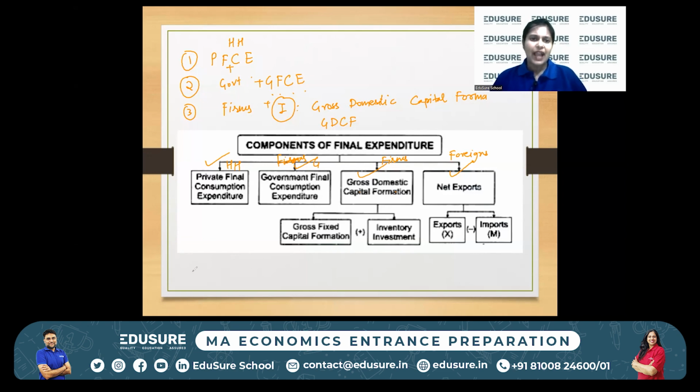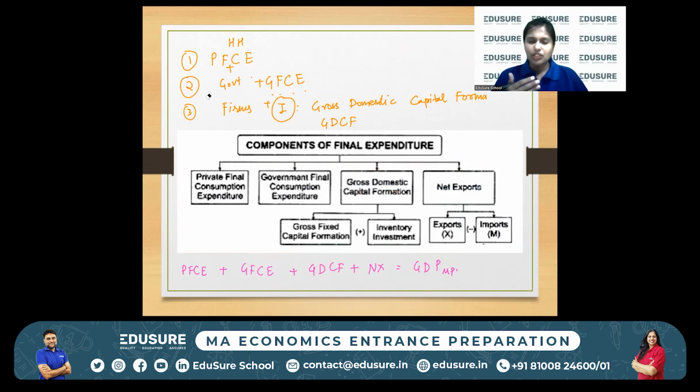It comes to, when we add private final consumption expenditure plus government final consumption expenditure plus gross domestic capital formation plus net exports, when we add these, we get GDP at MP, right? So we add all of these, and what we get is GDP at MP. All right. So these are the four components of final expenditure.